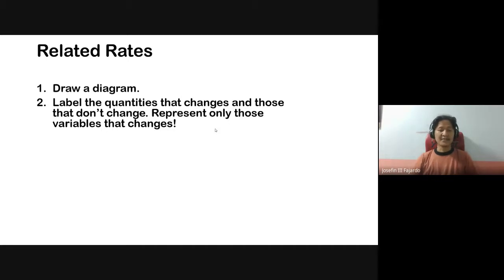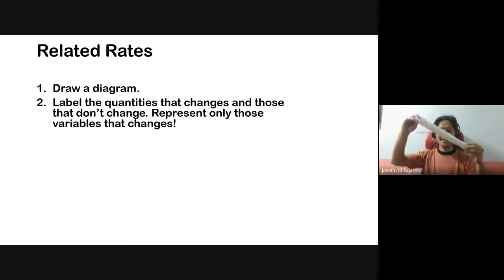Okay? So, kanina, dun sa triangle natin, lahat ng sides nagbabago, di ba? As we change one of the lengths of the sides. Pero there would be cases na yung isa hindi naman nagbabago. Kunwari, ang pinakamagandang example naman dyan ay kapag meron tayong hagdan, di ba? Imagine niyo kunwari ito yung hagdan. Siyempre yung hagdan, fix yun, di ba?